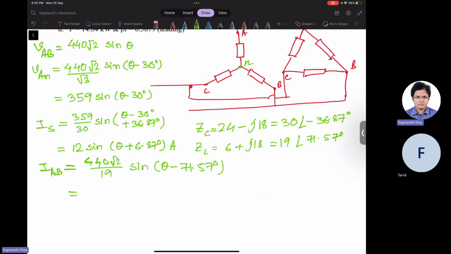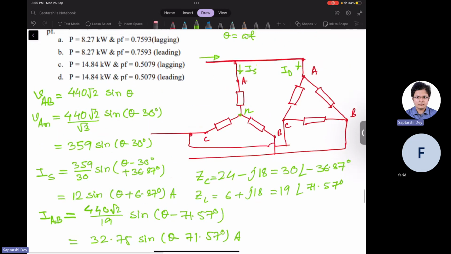So 440 root 2 by 19 will give you 32.75 sine theta minus 71.57 degree ampere. Now this current is flowing in the phase.